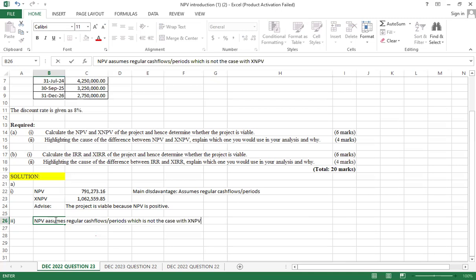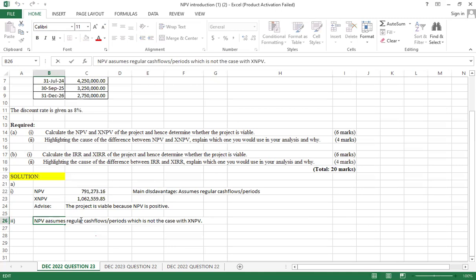Dates. In terms of which one we recommend, which one we would use, I've said that NPV, because of that assumption, is not very accurate. So this figure is not accurate. The accurate one is, of course, the second one, yeah?